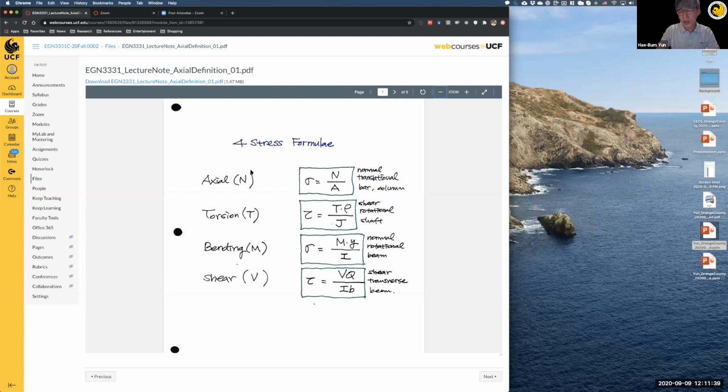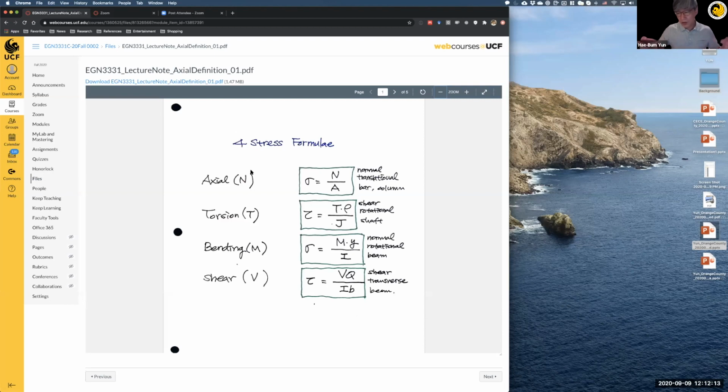Can you guess what type of stress the axial force creates? What type of stress is caused by the axial? Victoria answered normal, right? Normal. Austin says yeah, you guys are correct. Axial force, so the direction is very important, and the cross section is important.